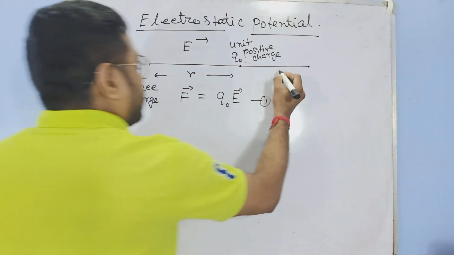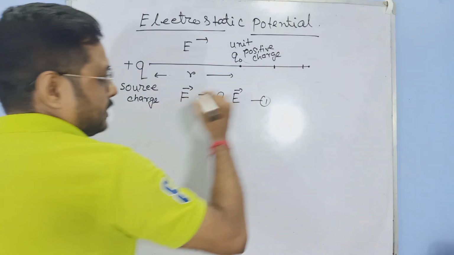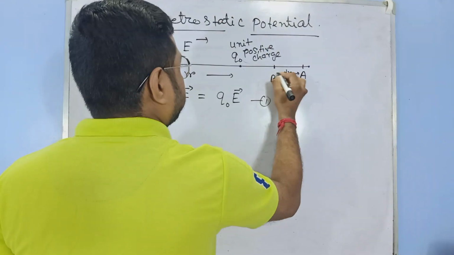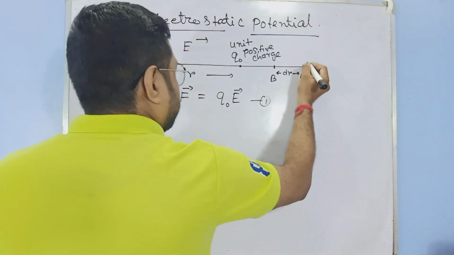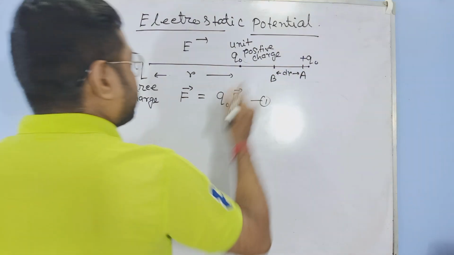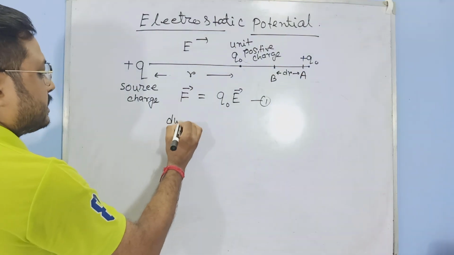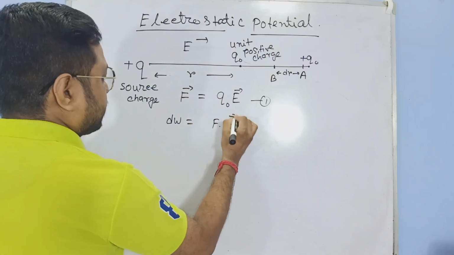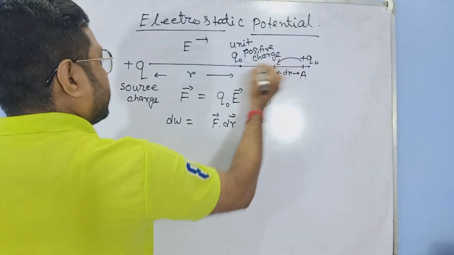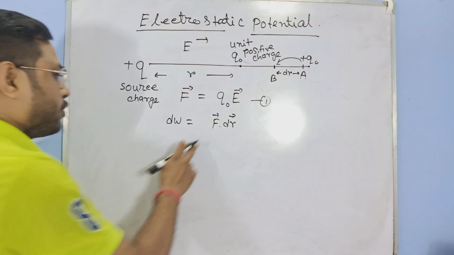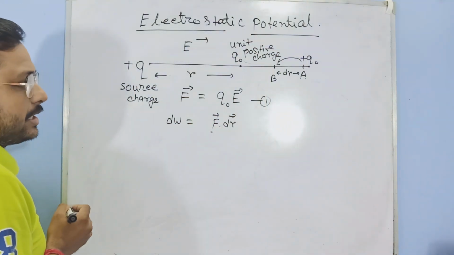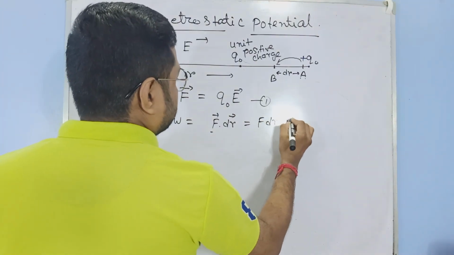Again, if we take any two other points on the same axis, one is A and the other is B, and the distance between A and B is very small, that is dr. Now, if we take a unit positive test charge Q0 from A to B against this electrostatic force, then the work done is given by F dot dr. The direction of force and the direction of displacement are opposite, so this is F dr cos 180.